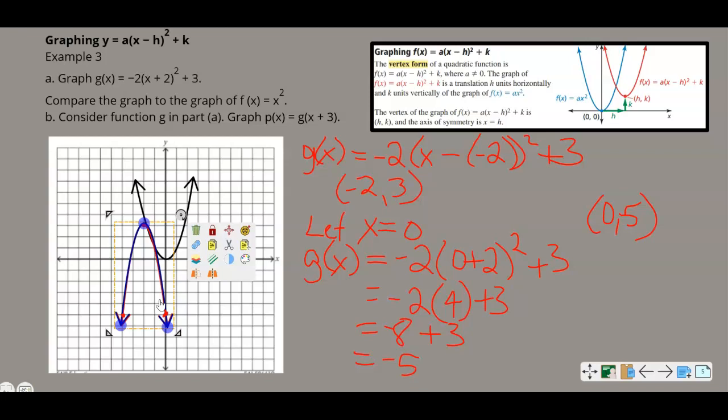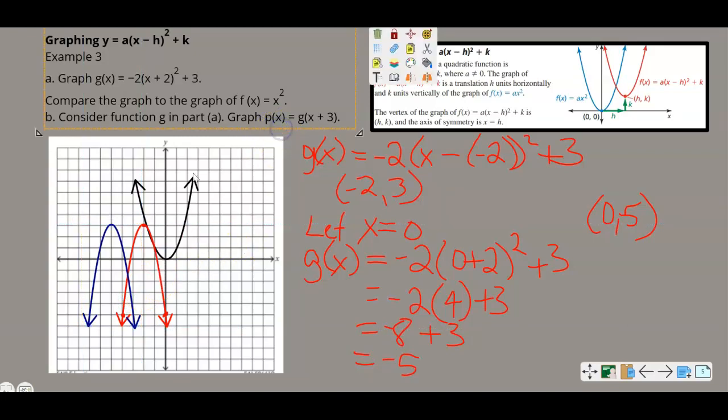The blue one is going to be the same function as g of x, but now we're going to shift it to the left 3 units. So you're going to look at the vertex and we're going to shift it over 1, 2, 3. So p of x is now this function.